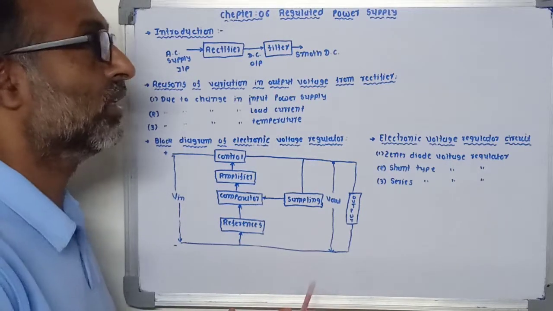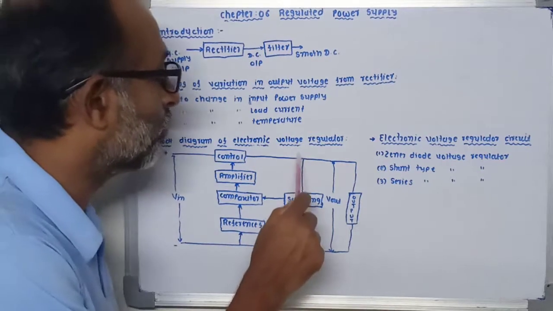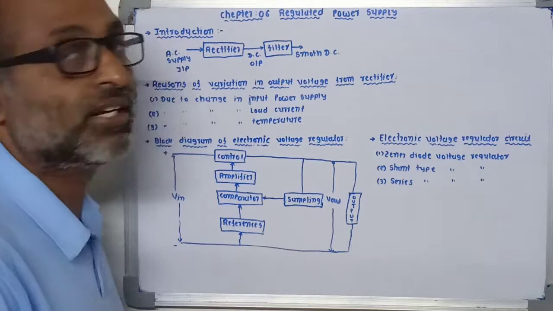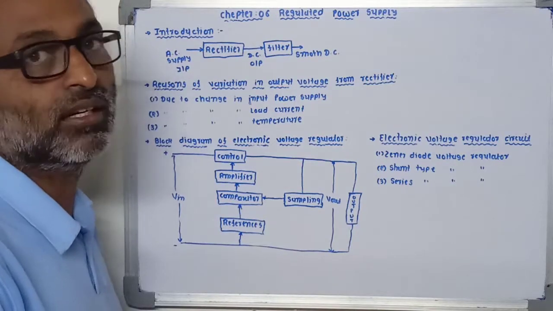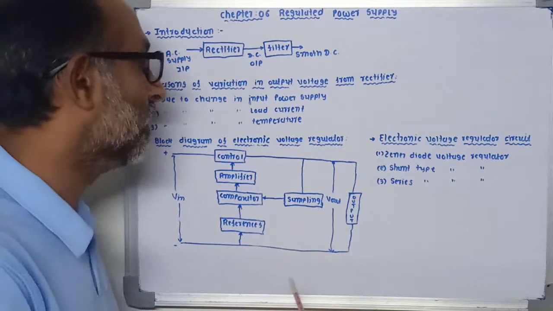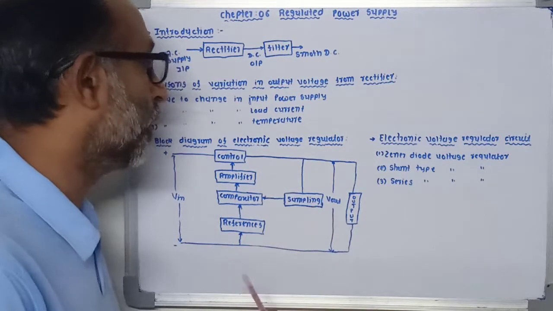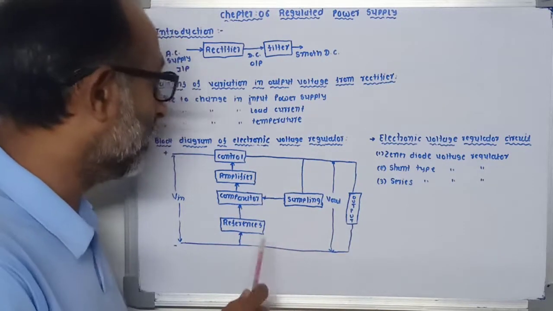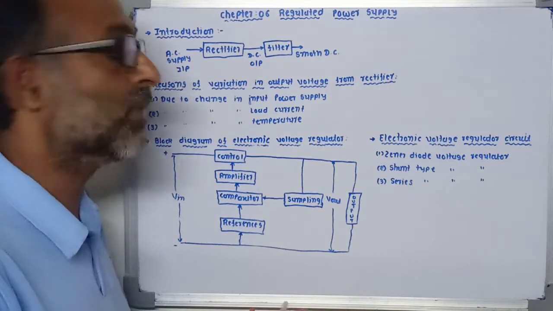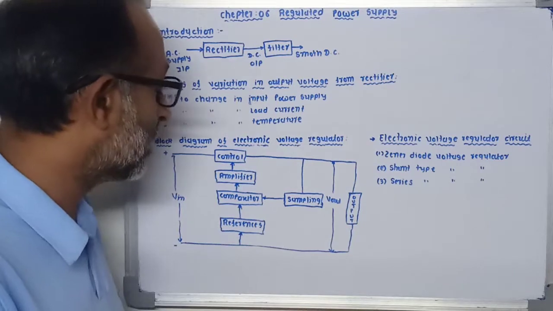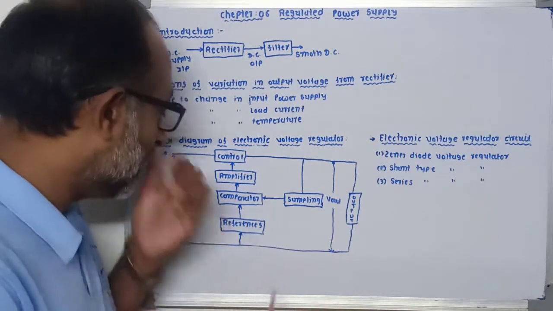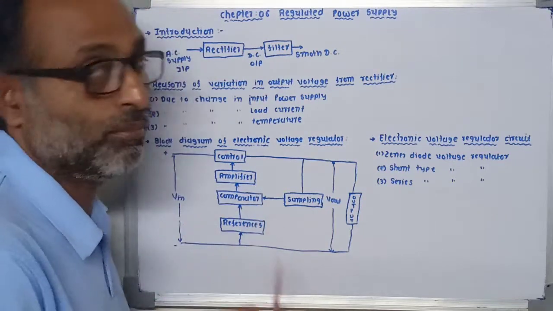For this, the output voltage is sensed, and the sampling unit generates a signal which is directly proportional to the output voltage, and this signal is given to the comparator. Second is reference. The reference signal is generated by the reference, using a Zener diode, and this signal is given to the comparator.